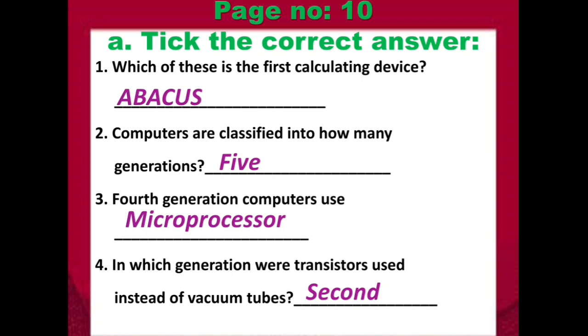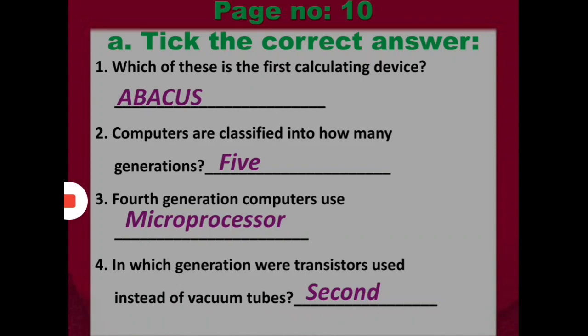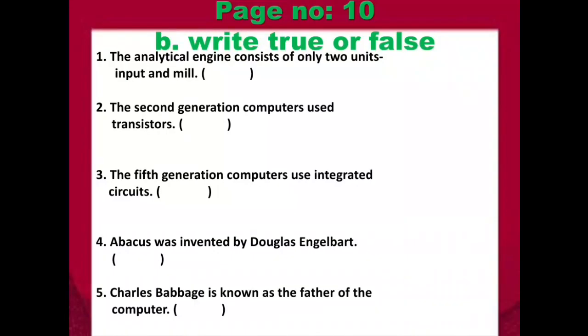Now we go for our next topic: write true or false. The first one: the analytical engine consists of only two units, input and mill.